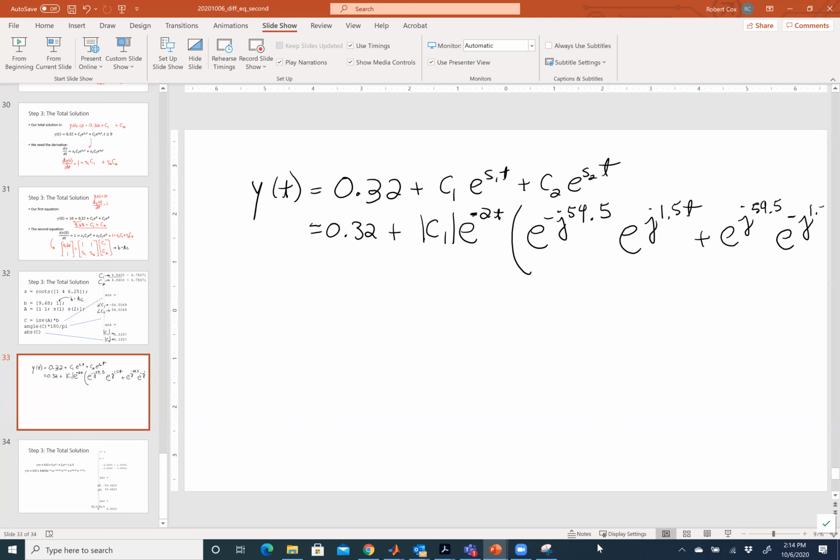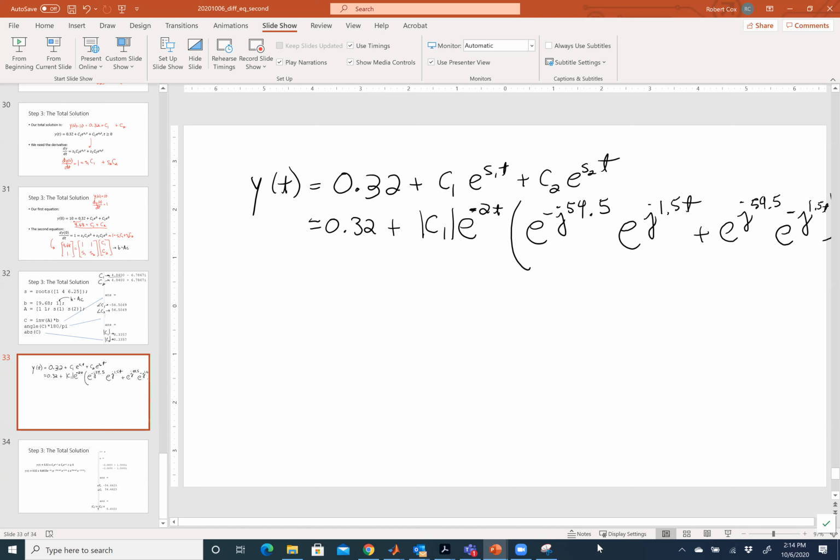All right. Now, we're at the very end here. I'm done pretty much. All right. What do I know? When I look at this expression over here, if I have e to the j something t plus e to the negative j something t, that becomes cosine. So this guy is going to become 0.32 plus 2 times the magnitude of C1.